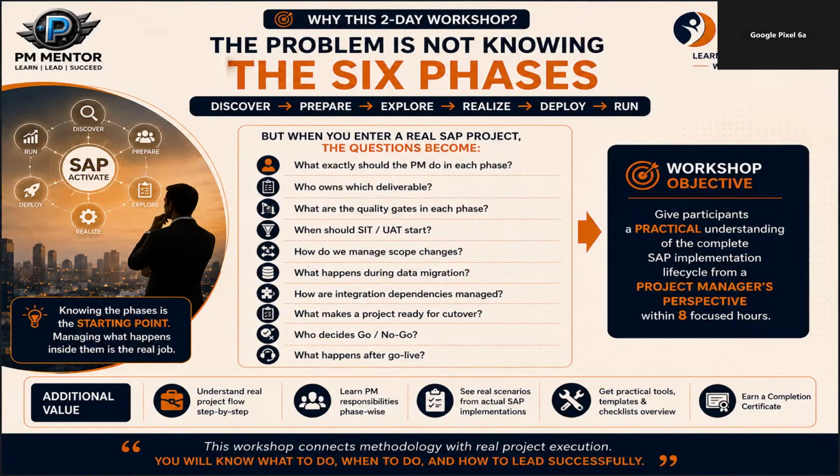Another country says our process is different. Another business unit says, hey, standard SAP will not work for us. Individually, every request may look small, but when you combine all of them, suddenly you have additional development, additional testing, additional integration, additional cost, additional timeline, and this is how scope creep happens.